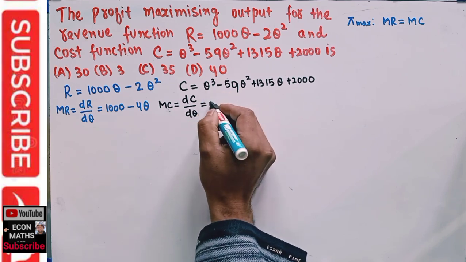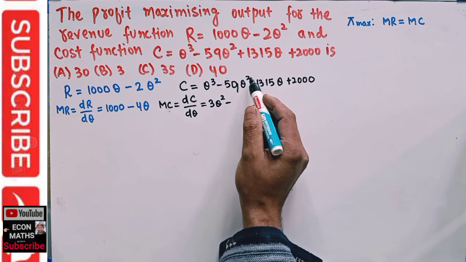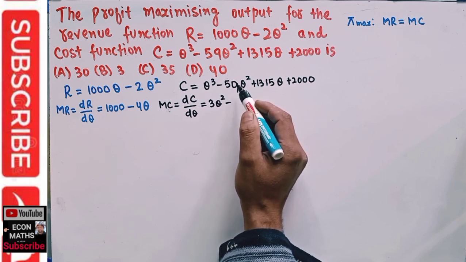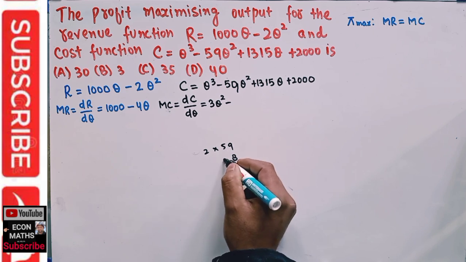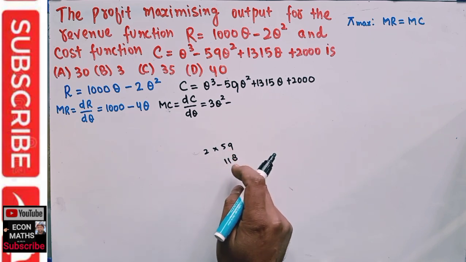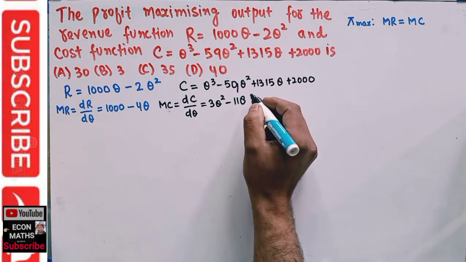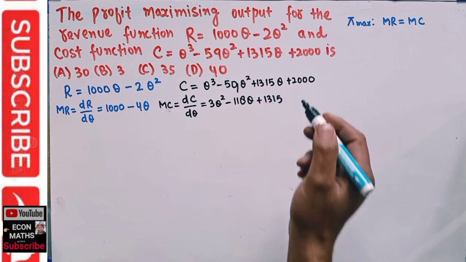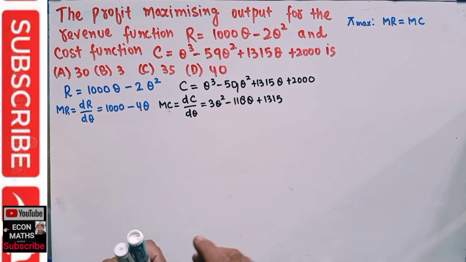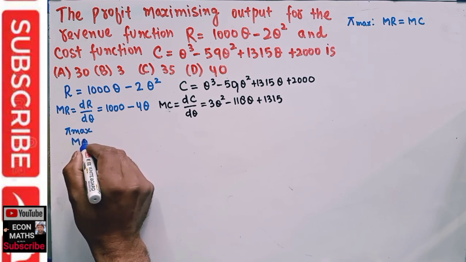The derivative of Q³ is 3Q², minus the derivative of Q², which is twice Q, so 2 into 59: 2 nines are 18, 2 fives are 10, and we get 118Q here. The derivative of Q will be 1, so we are left with 1315 only, and the derivative of a constant is 0, obviously.